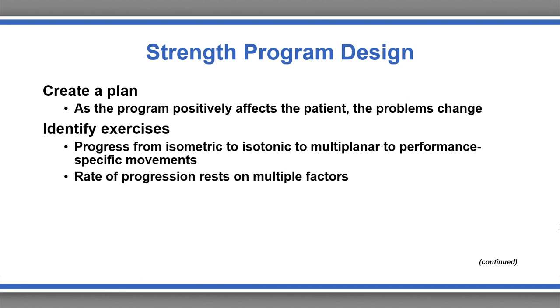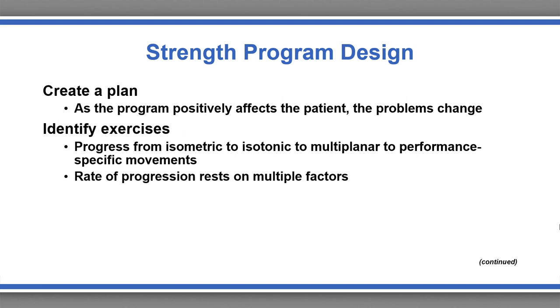This actually goes back to our first week of lectures where we had the rehabilitation pyramid, where you identified a series of goals and over time, patients would be able to progress through a series of different therapies or modalities or exercises to build ultimately both function and, in some cases, performance.